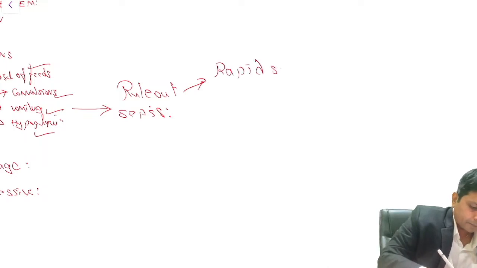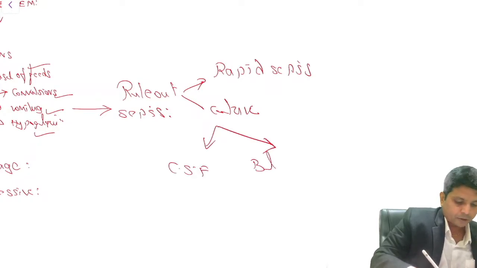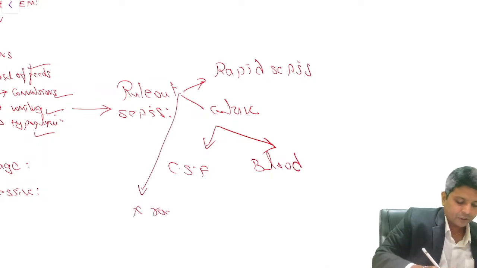Second one is culture. What culture? You can do a CSF culture and a blood culture. Third one, you can take an X-ray chest to look for pneumonia.